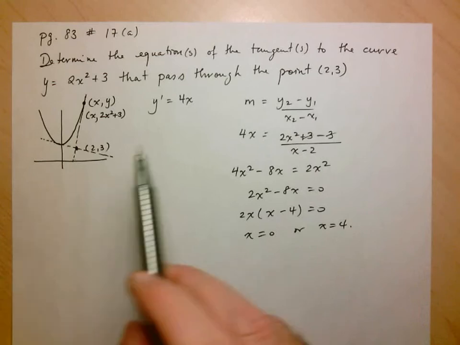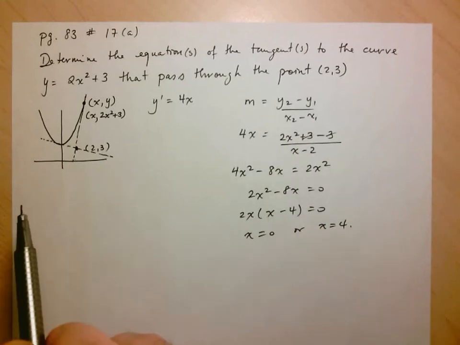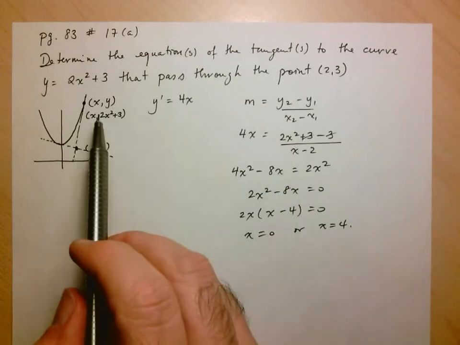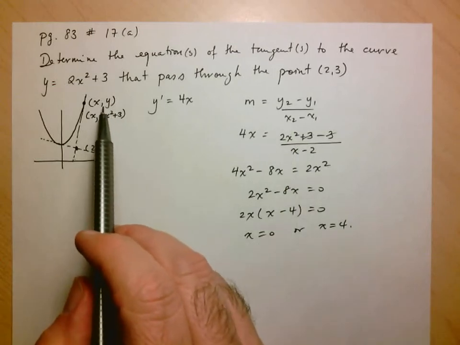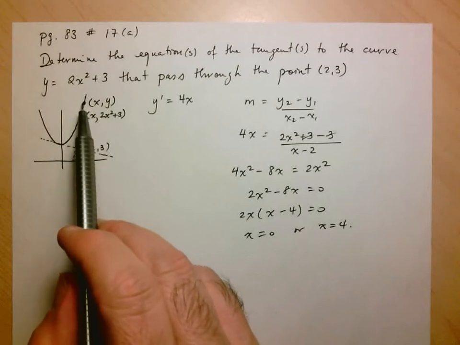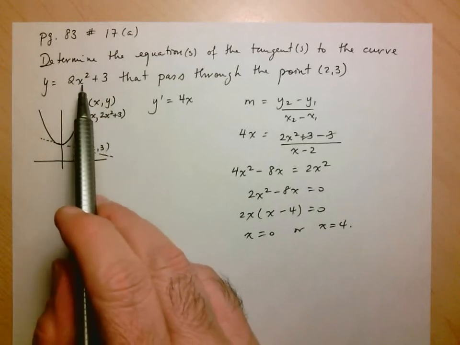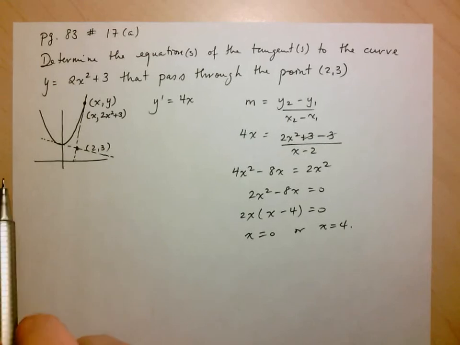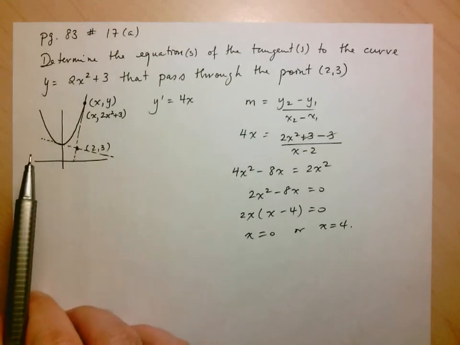Okay? And I just equate those two in order to solve. And the trick here being that instead of using just some generic variable y, because this point is on the curve, I can replace y by the equation 2x squared plus 3.